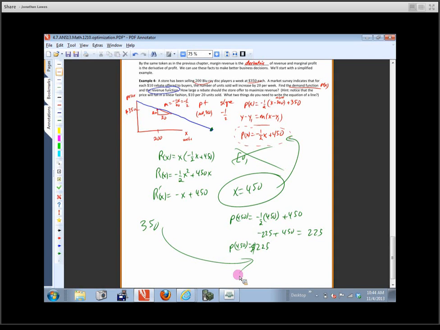So we need to offer a $125 rebate and we'll maximize our profit. Think about that for just a second. We're going to cut the price by more than 1/3 and we're still going to make more money. At least more revenue, okay? We'll assume that the profit goes up in the same fashion, yeah.